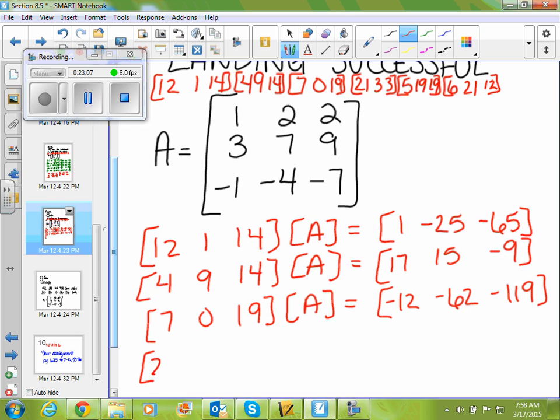If I take my fourth matrix, 21, 3, and 3 times matrix A, I end up with an encoded matrix of 27, 51, 48.